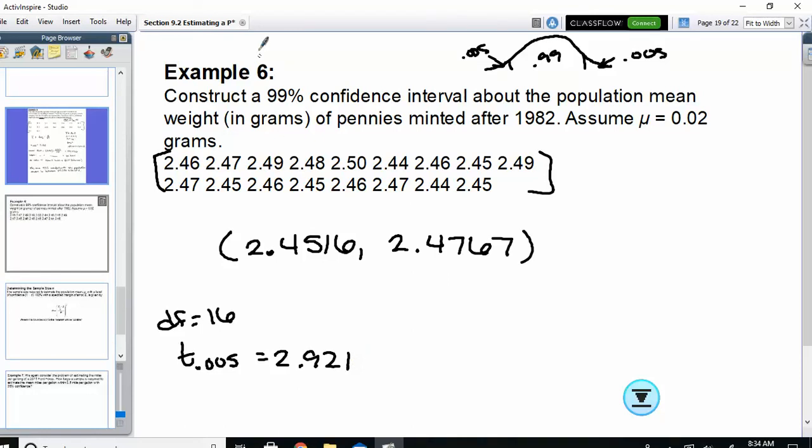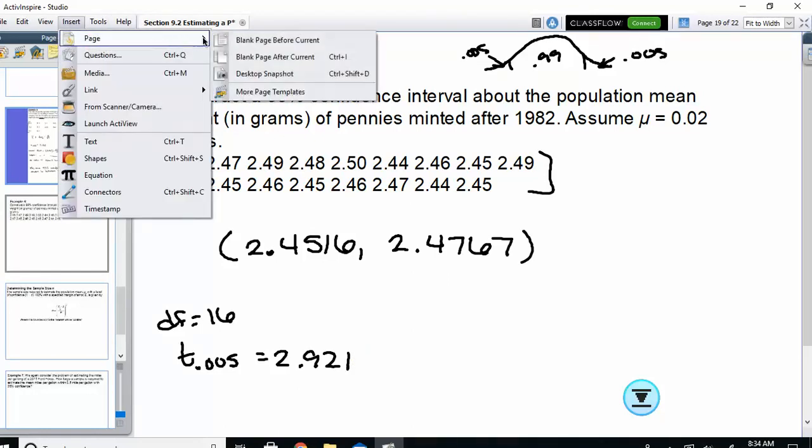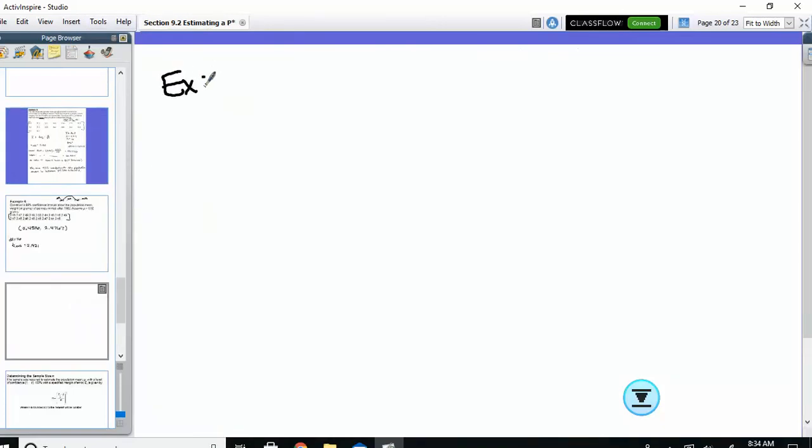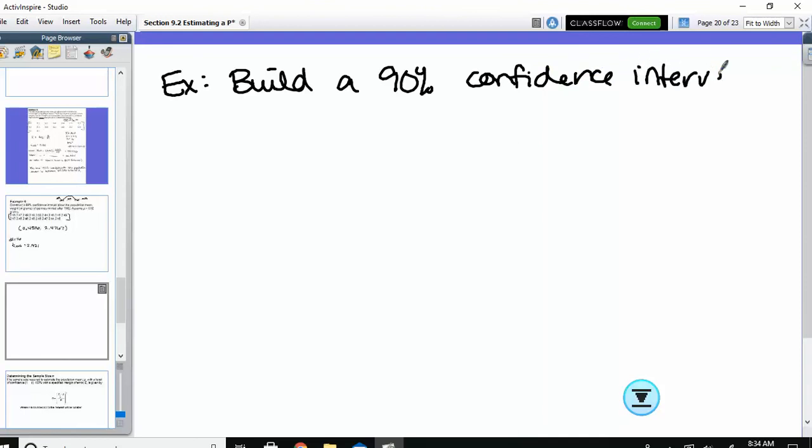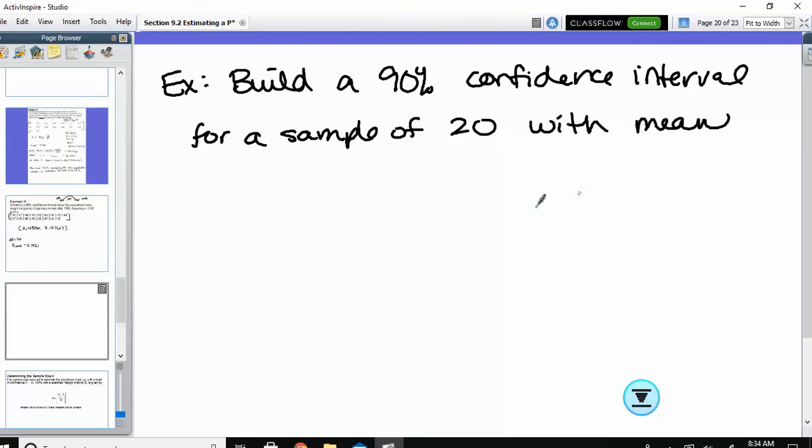Real quick, I'm going to add in an example here. Let's build a 90% confidence interval for a sample of 20 with mean 12 and standard deviation of 0.031.